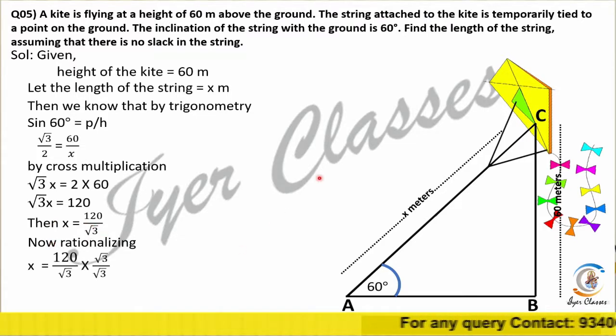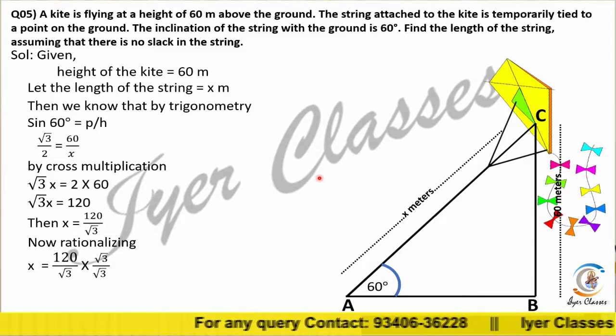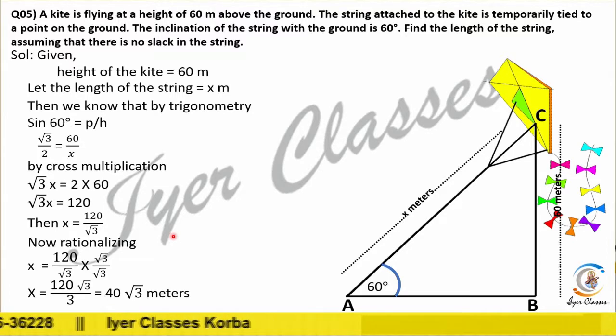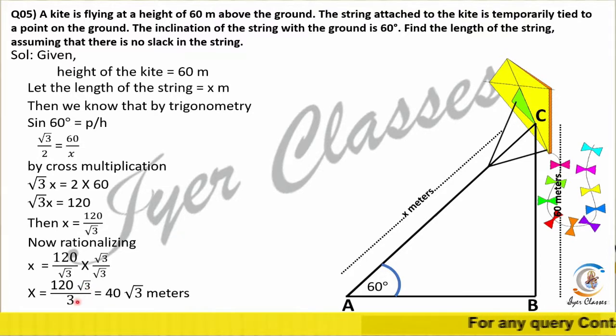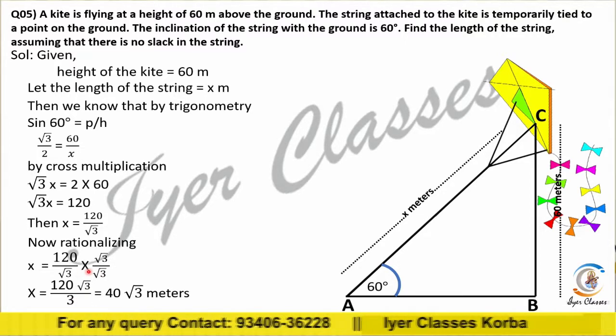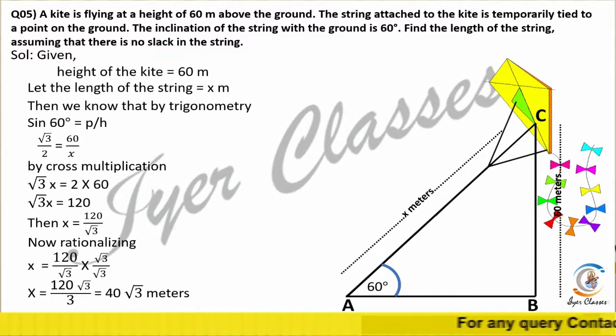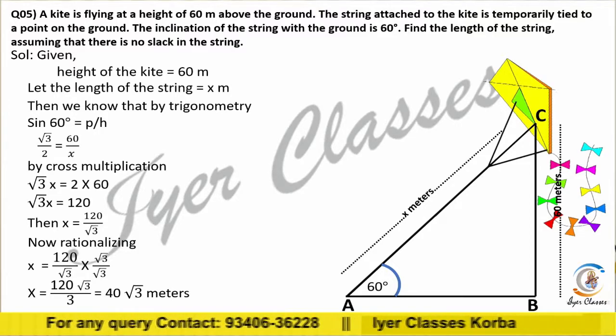So on rationalizing by its rationalizing factor, which is root 3, we get x, which is the length of the string, as 120 into root 3 divided by 3. Root 3 into root 3 is equal to 3. So if you cancel out this 3 and 120, the length of the string is equal to 40 root 3 meters, right?